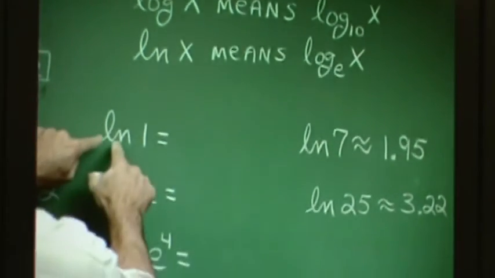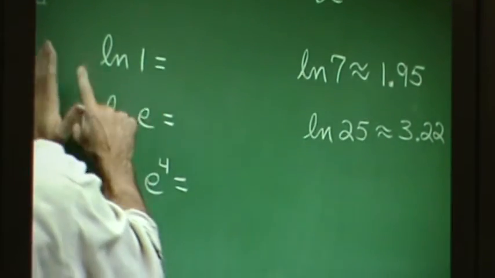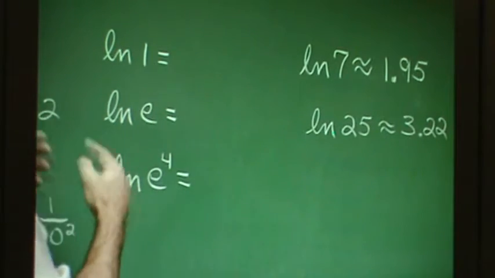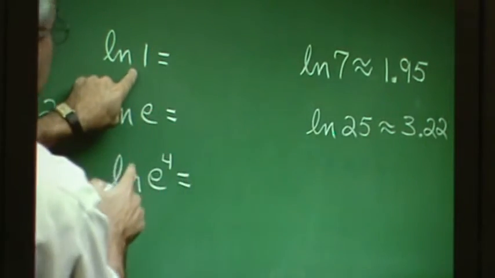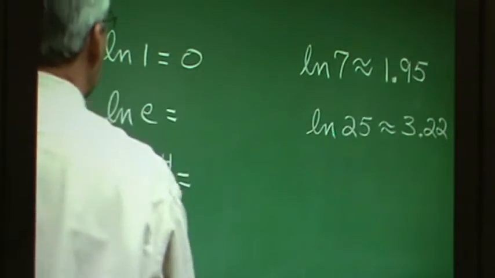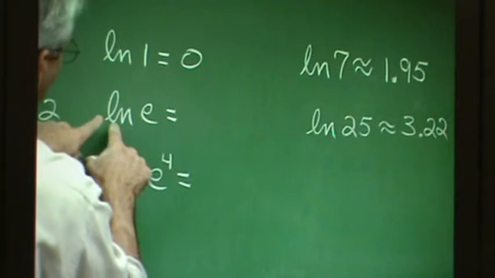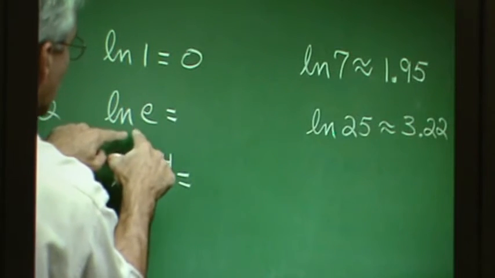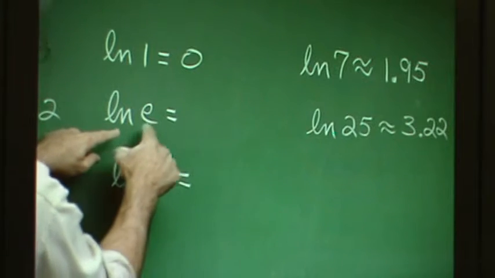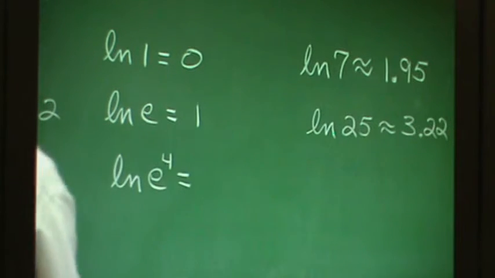So we have, let's see, ln 1 means log base e of 1. Remember what that was? We're looking for the exponent on e that will give 1. Well, that exponent needs to be 0. And here, ln e just means that we have log base e of e. When the logarithmic base is the same as that number, the result is 1.